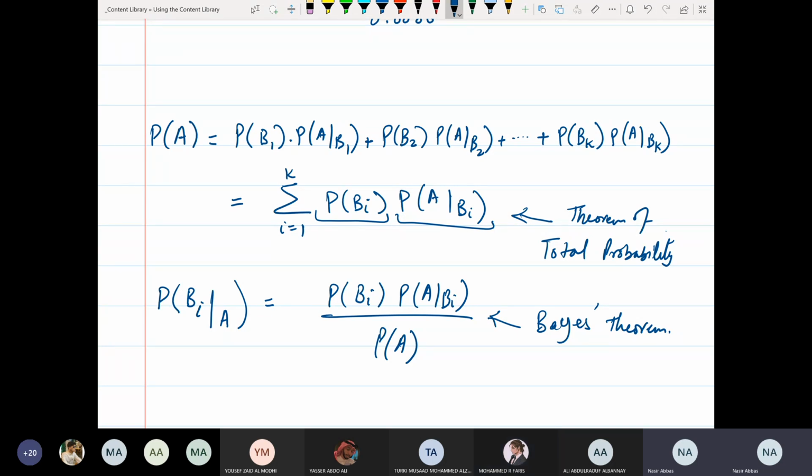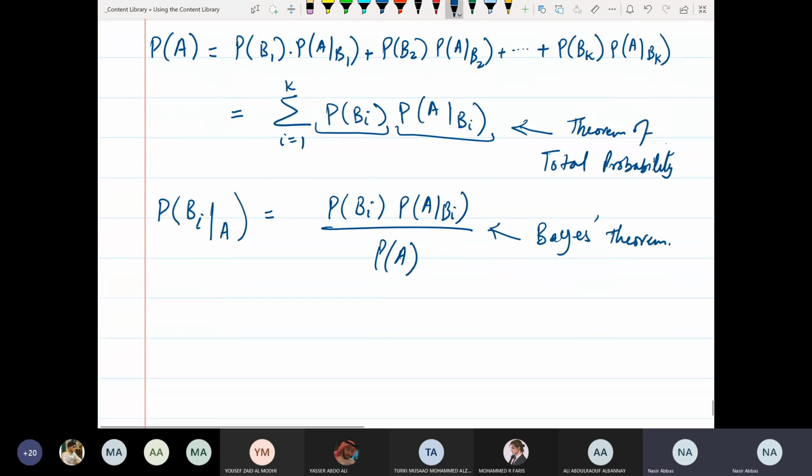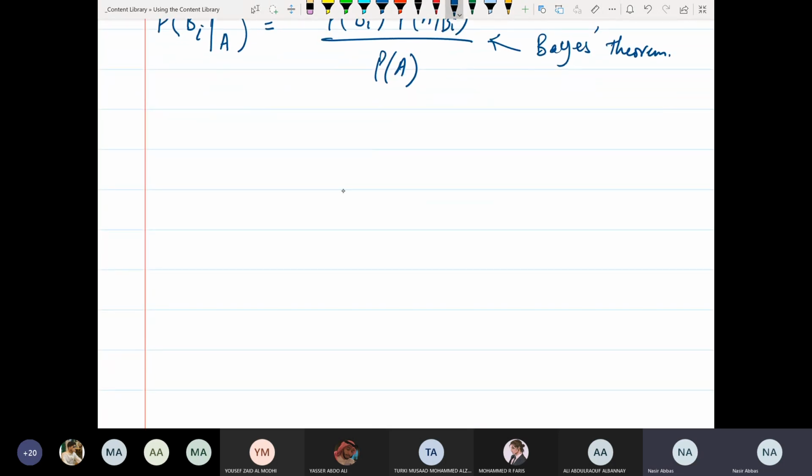where the scenario is like your sample space is partitioned into 2 or more than 2 pieces, and in every piece there is a specific event A where you are interested. Yes, thank you. It can be like this. Let me show you.